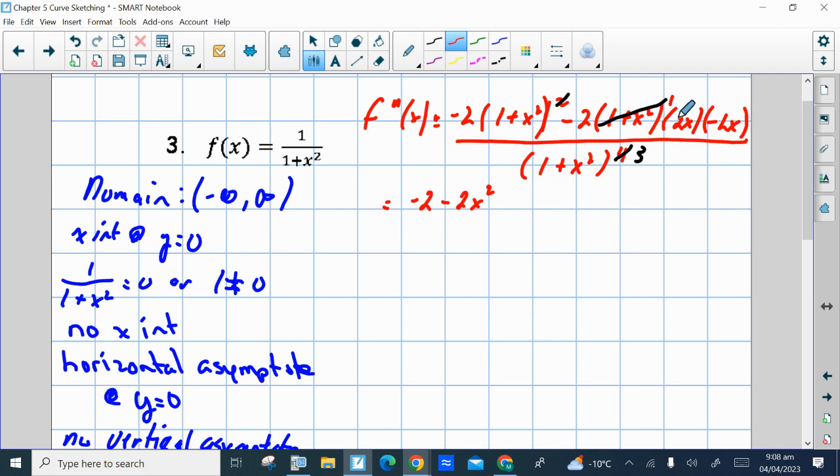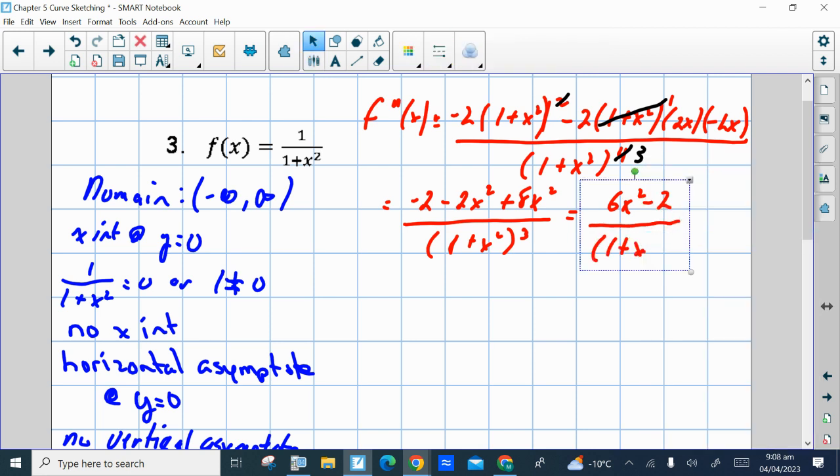Negative 2 times 2x is negative 4x, times negative 2x will be positive 8x squared over 1 plus x squared all cubed. And this simplifies to 6x squared minus 2 all over 1 plus x squared all cubed.